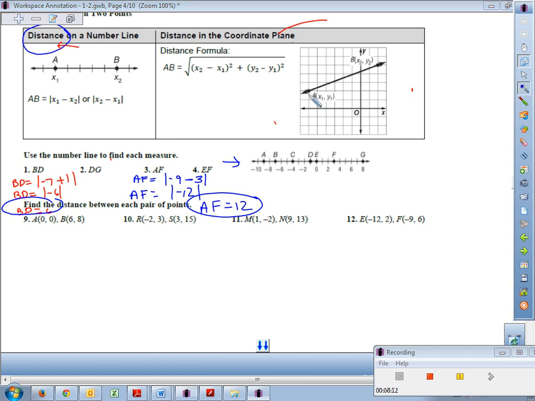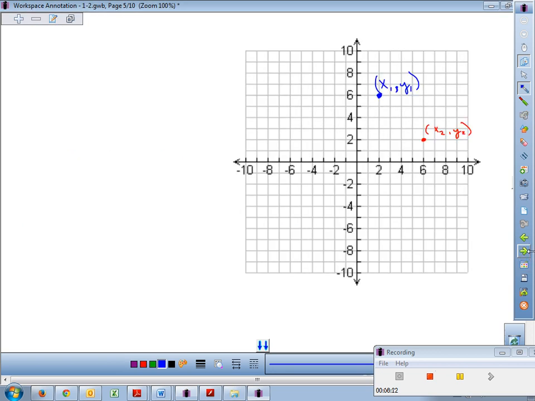Cool? What's the distance from there to there? I really bet that you'd have a hard time counting what that is. Correct? That'd be a hard time to say, well, I don't know, because that's not straight. So here's the distance formula that we will use. Let's see where it comes from. Here's a made-up example. Okay? Here's 1 point. X sub 1, y sub 1.